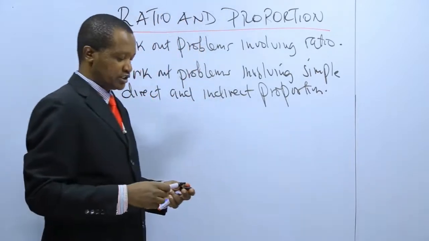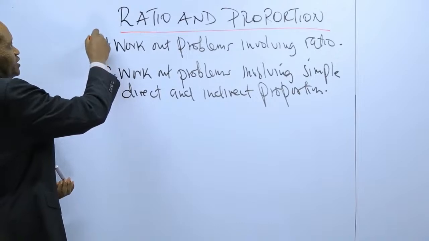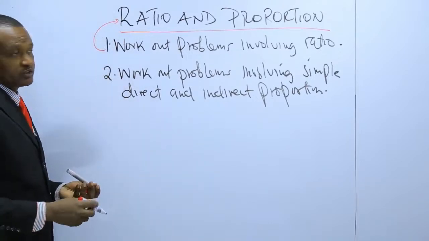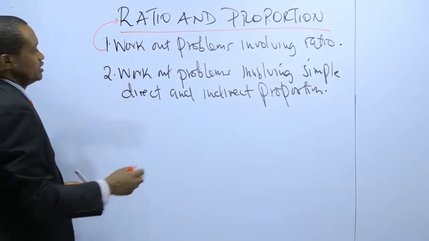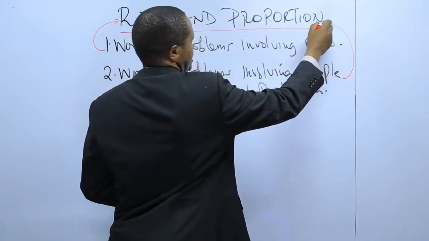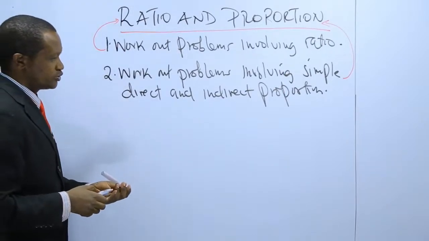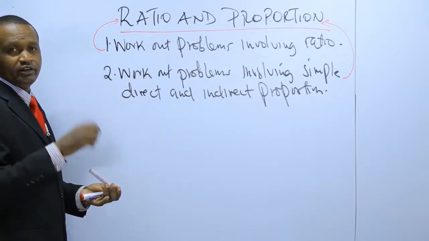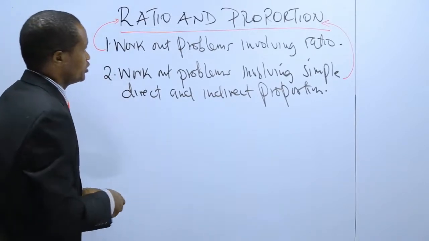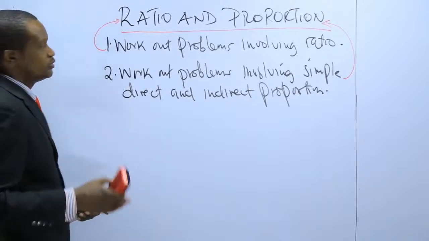There are only two objectives. The first objective is related to the first part of the unit. The second is related to the second one. So we have ratio and proportion. Those are two things. We will start off with ratio.